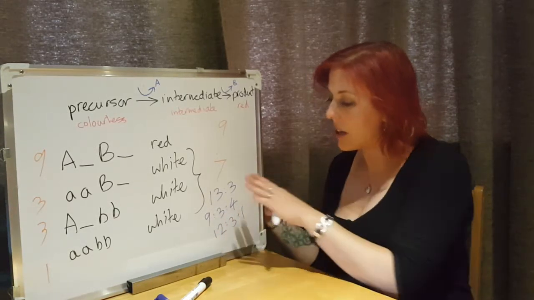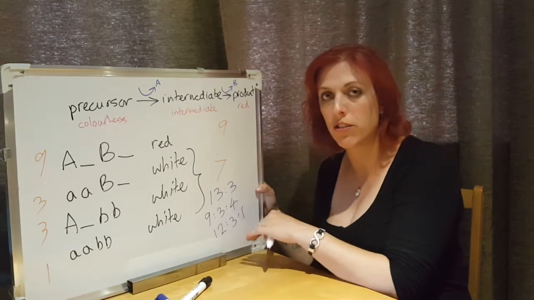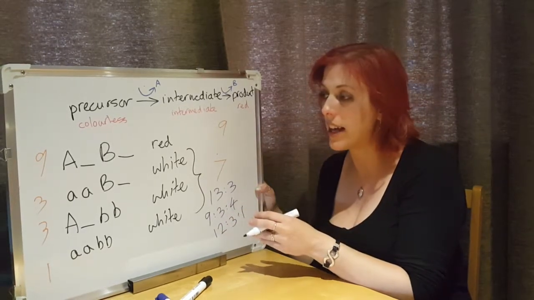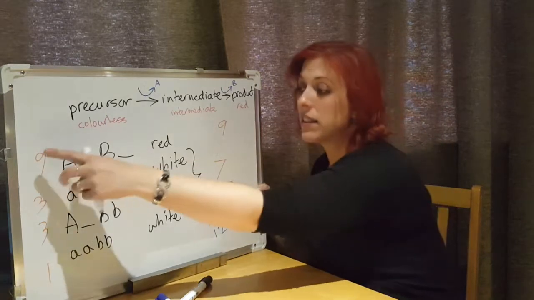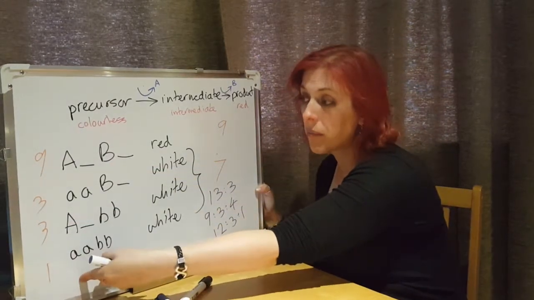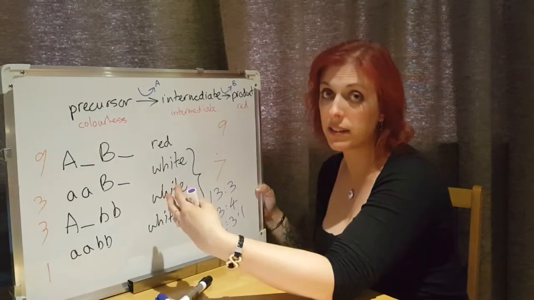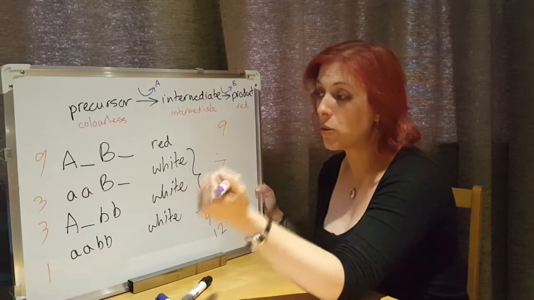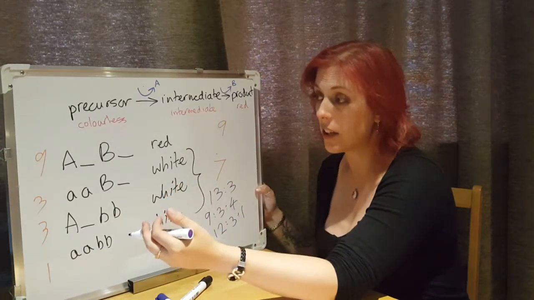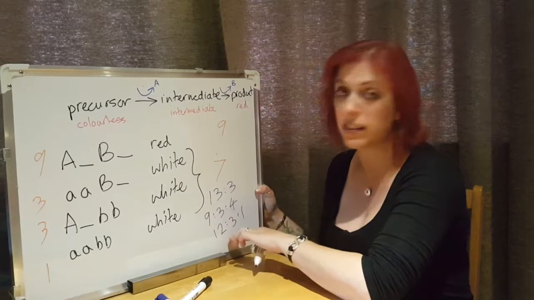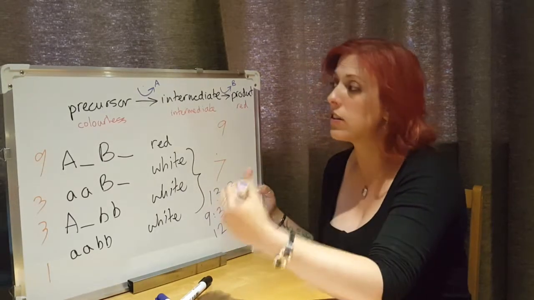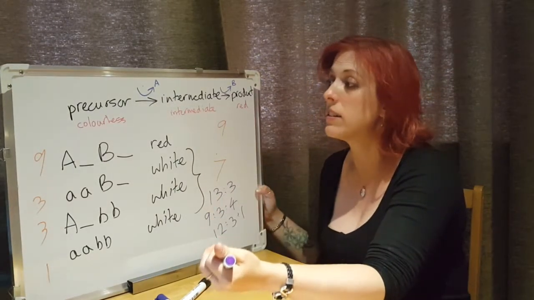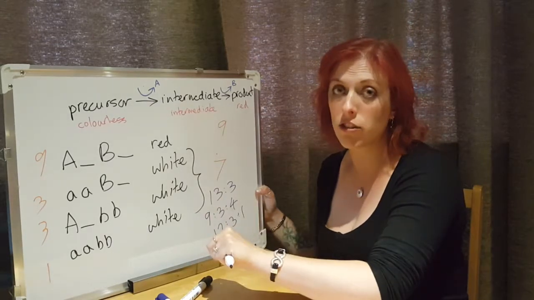Okay? So any of those modifications of a Mendelian ratio, if they fit within the 9 to 3 to 3 to 1, then you've got epistasis occurring. If you do a chi-square test on it and it doesn't easily fit into these ratios and the chi-square result is significant, then you've got gene linkage.